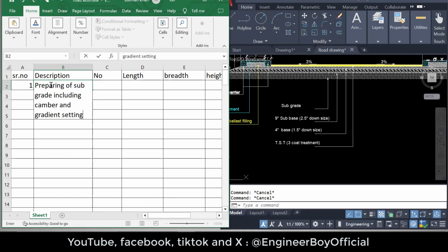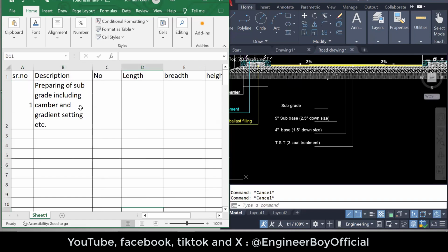So we'll be preparing the subgrade for the same road, and the preparation must include preparing the camber and gradient. Because in high quality roads, normally, whereas in low quality roads we provide camber and topping only. However, in high quality roads, the camber and the gradient are considered even in subgrade preparation. So in number, it should be only 1.